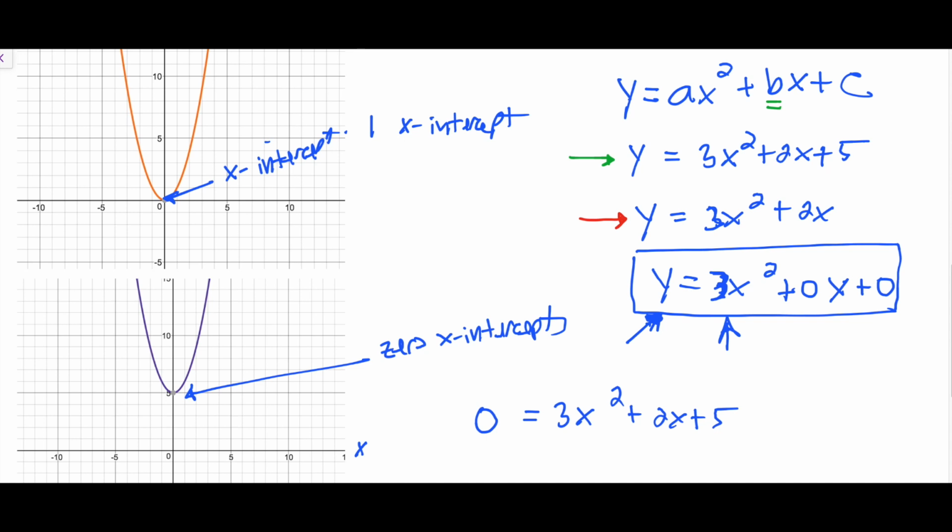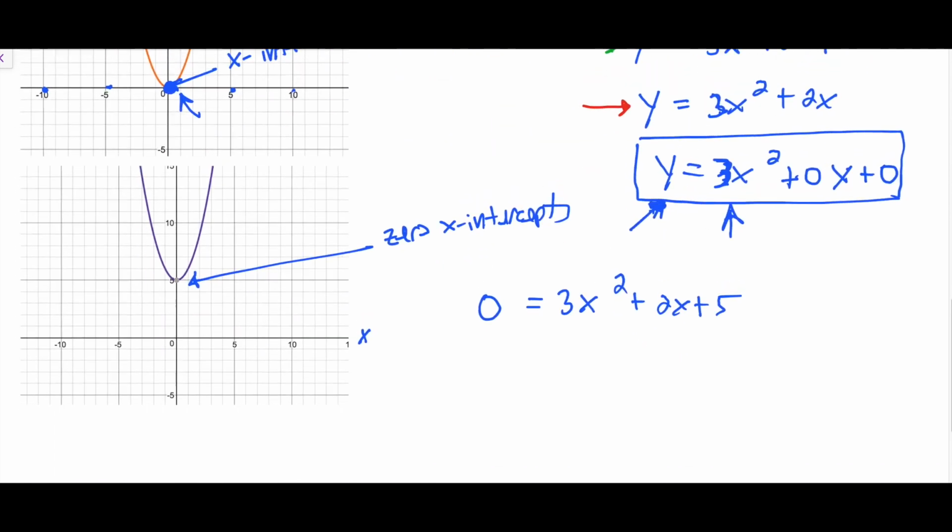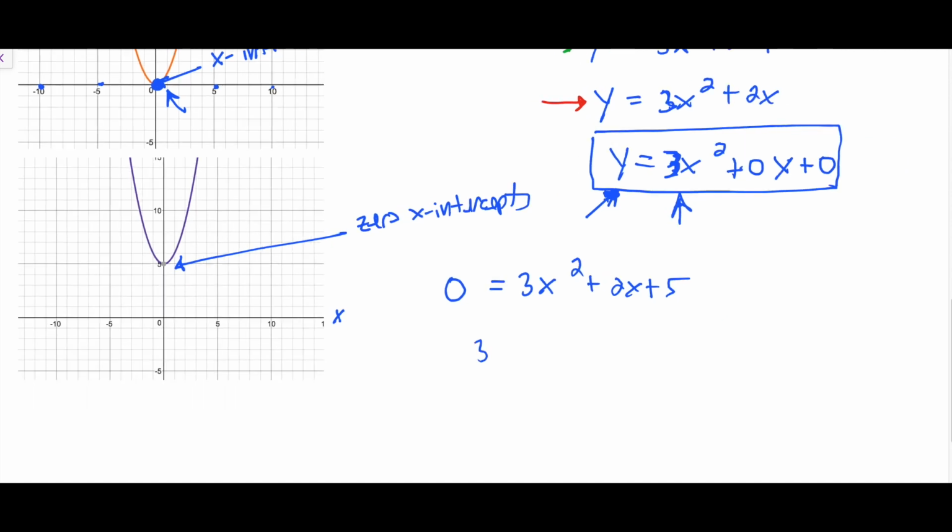What's the y value at this point right here? 0. And anywhere along where the x-intercept would be, what would the y value be? 0. So that's why when you see problems that say use the quadratic formula, it's always going to look like 3x squared plus 2x plus 5 equals 0, because they're setting that y value equal to 0.